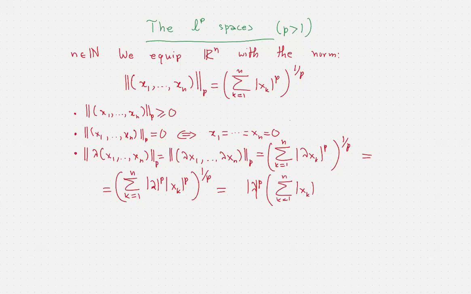So all of it to the 1 over p. And finally, when we apply 1 over p to all of them, we get the absolute value of lambda times the sum from k equals 1 to n of |xk| to the pth, all raised to the 1 over p, which is simply the absolute value of lambda times the norm of (x1, ..., xn). And of course, that checks homogeneity.